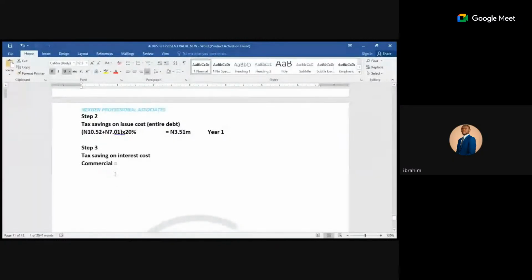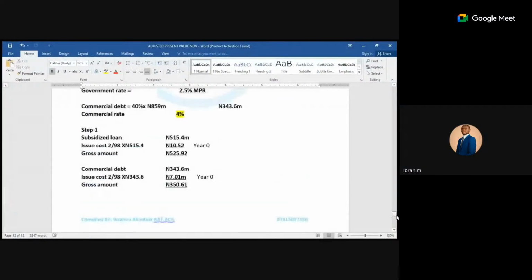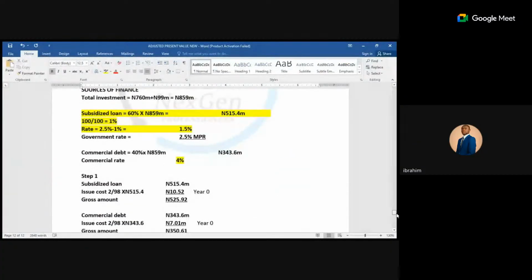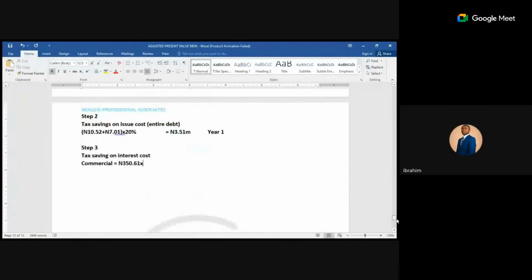So usually it is the gross amount. What is the gross amount? 350.61 times, what is the interest rate on commercial? 4%, times the tax, which is 20%.